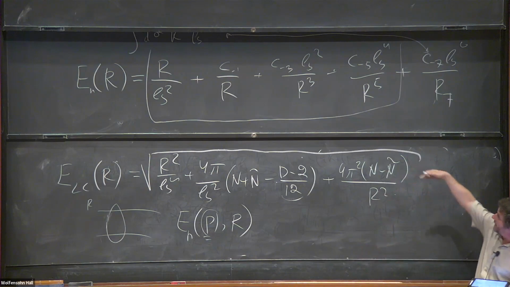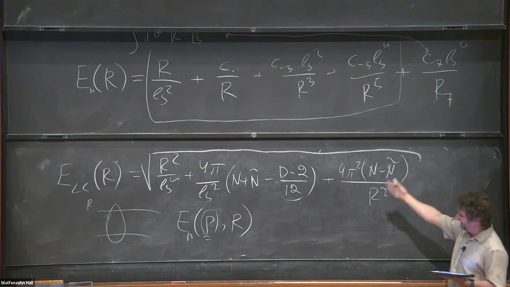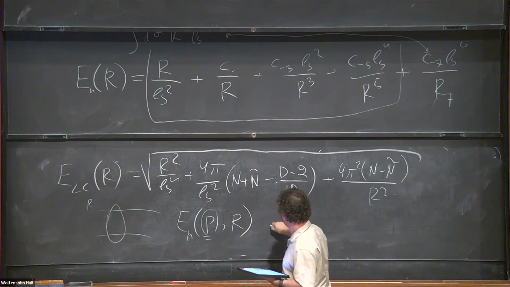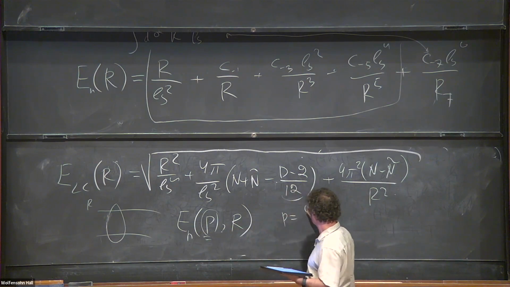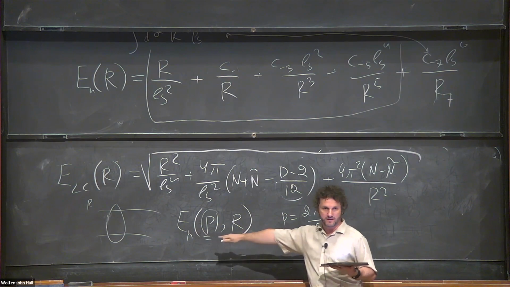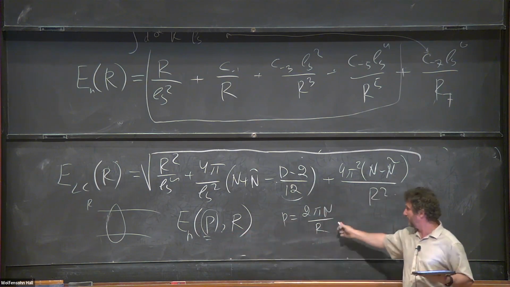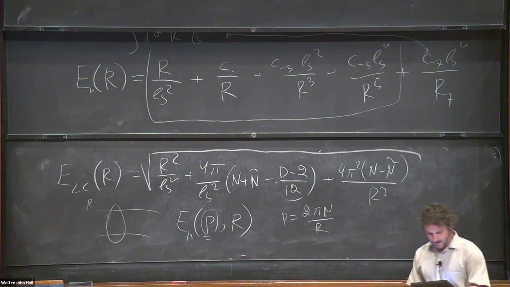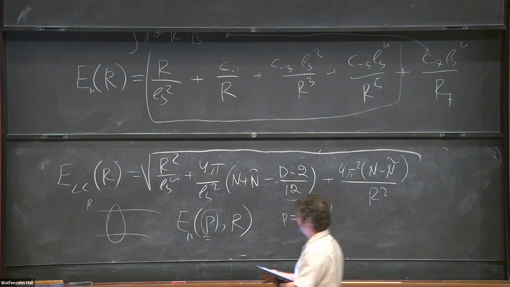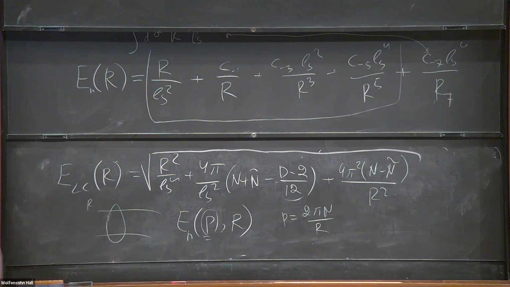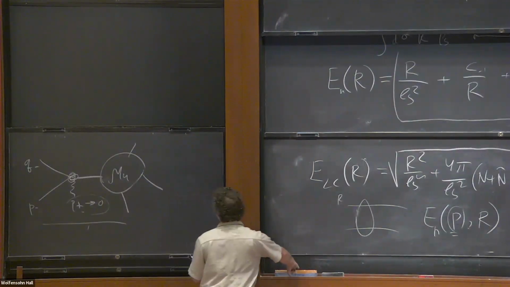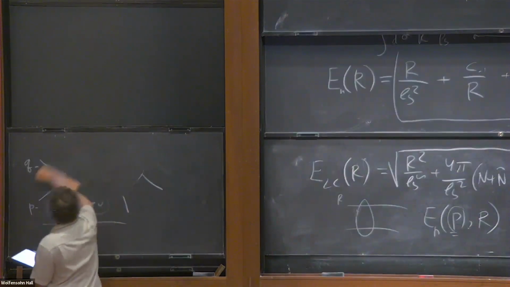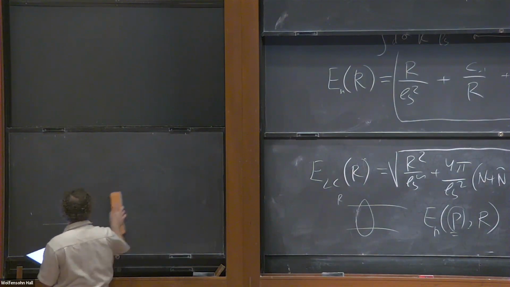What naive perturbation theory does is plug in p equal to 2 pi n over r and expand this whole function directly in powers of Ls over r.